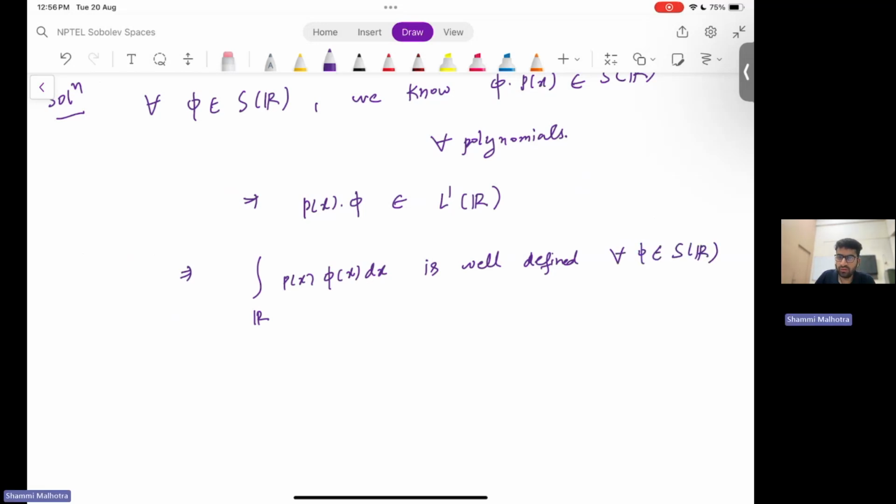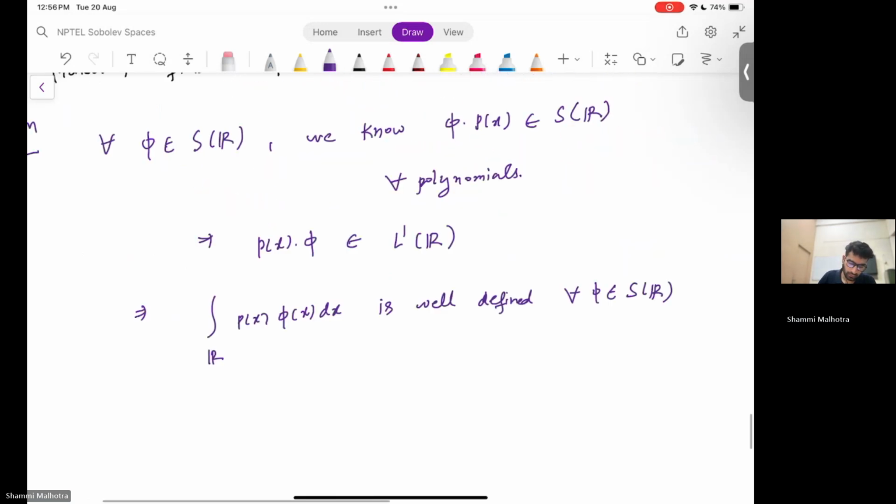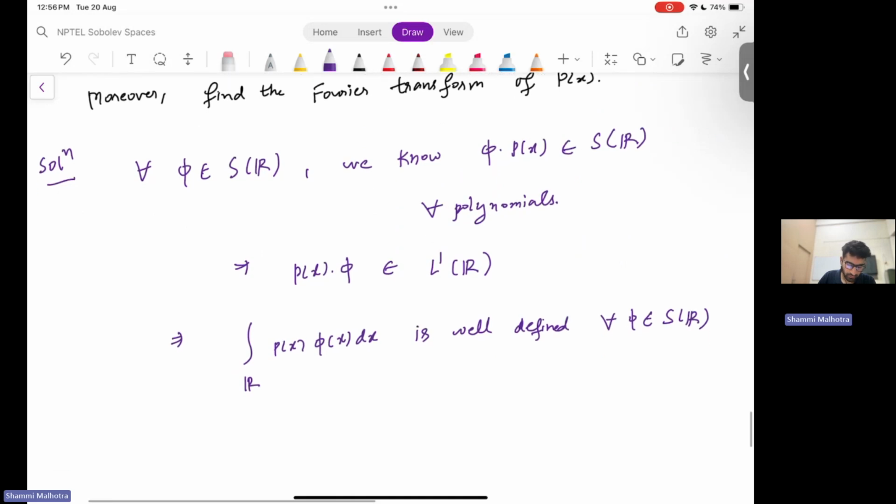And it is a continuous distribution, because if I take any phi_n's converging to 0, we have the convergence of this integral. So this actually defines a continuous distribution.